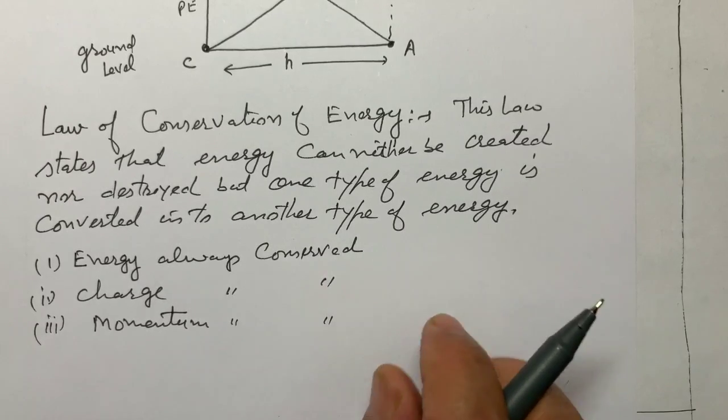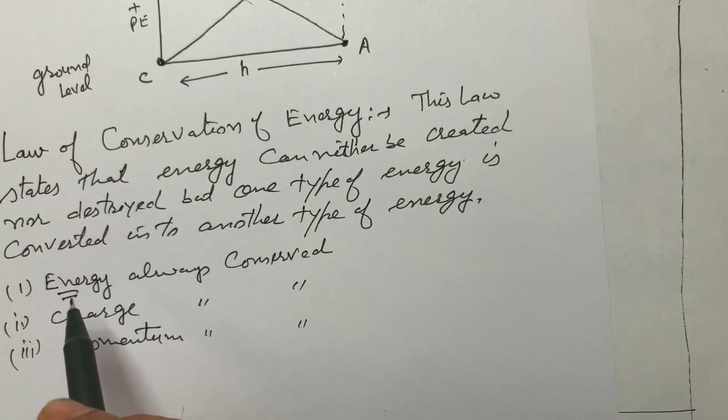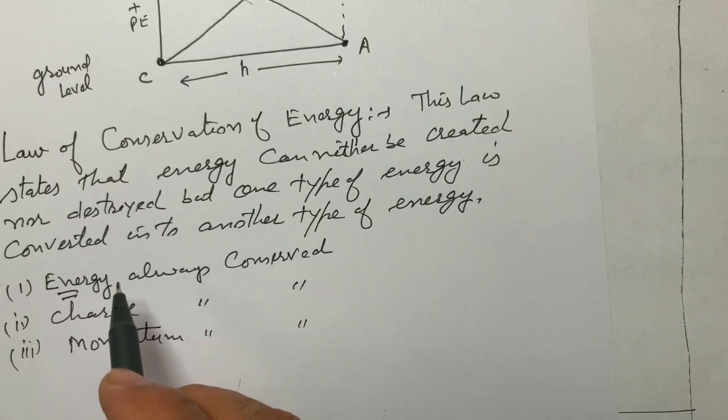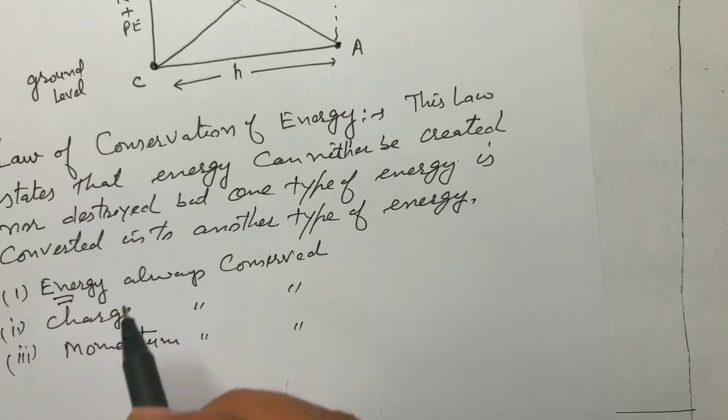Law of conservation of energy means energy can neither be created nor destroyed, but it can change from one type to another. Law of charge means charge can neither be created nor destroyed, but it transfers from one body to another.